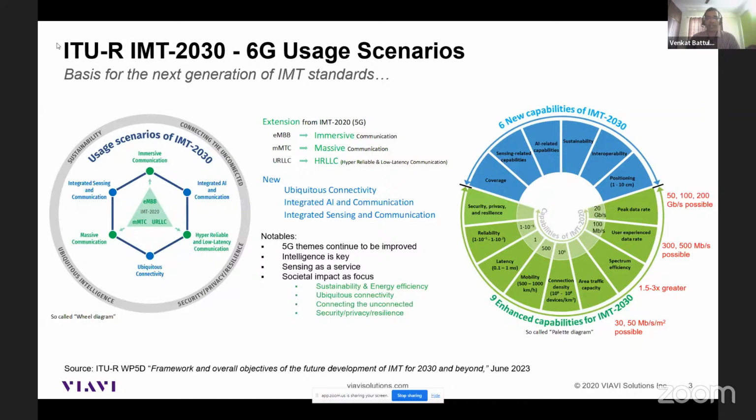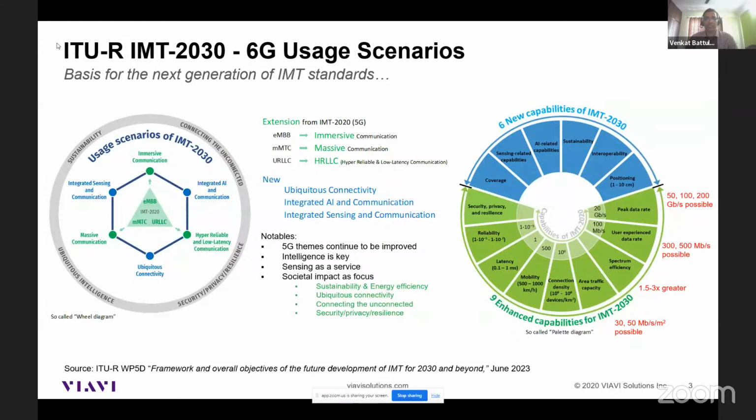It's not only the traditional mobile, all sorts of cars and other devices communicating intelligently, for a better world. Okay, so those are the six important areas that IMT 2030 is targeting to provide as part of the 6G wireless.